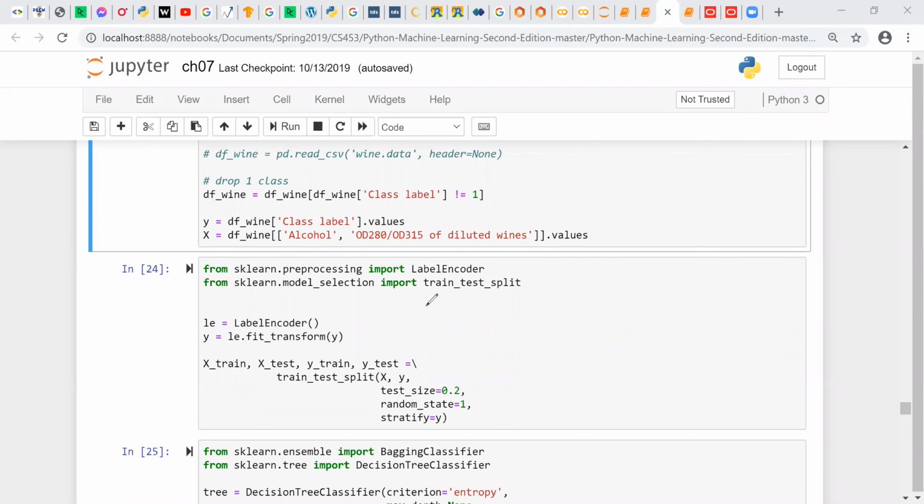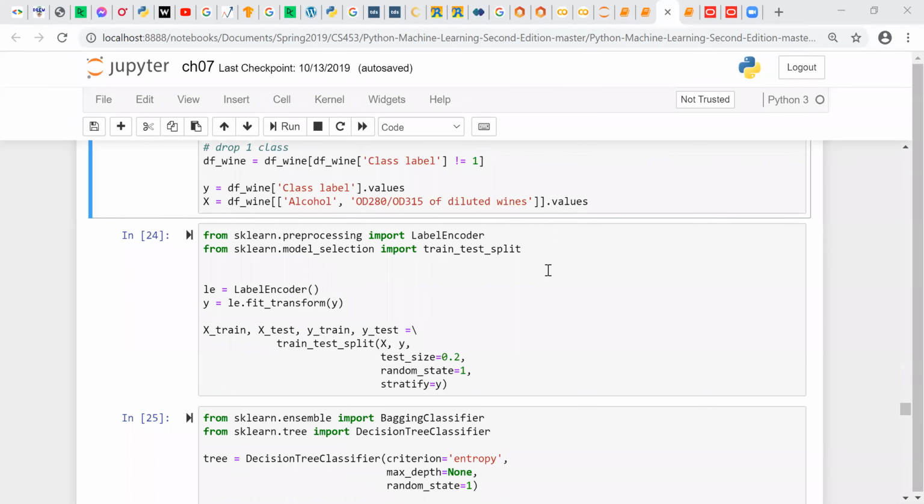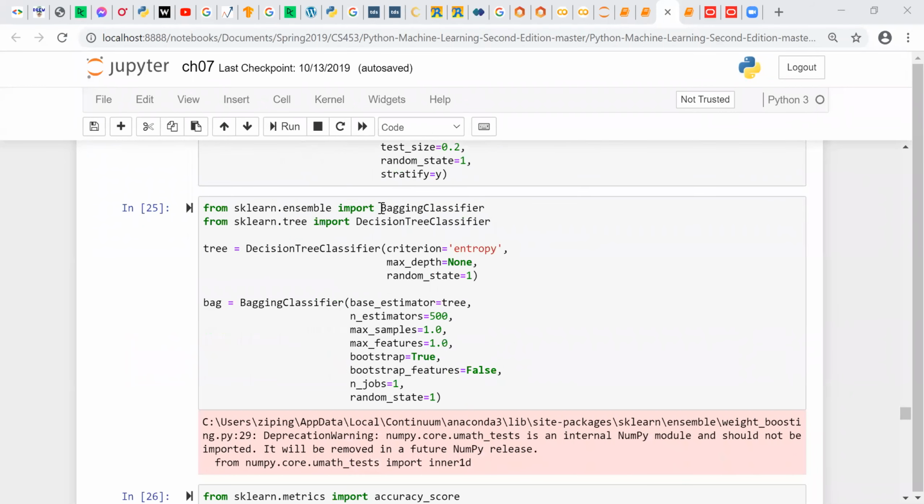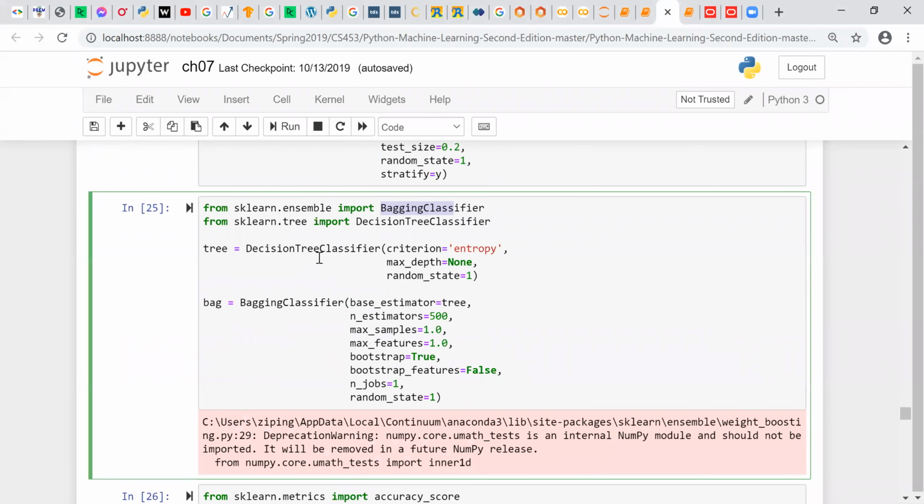And then do the train-test split, nothing new. Over here we do bagging. You first have a decision tree and you specify the criterion. Then when you apply bagging, you can specify the base estimator, which is this decision tree, and the number of trees you want to have.